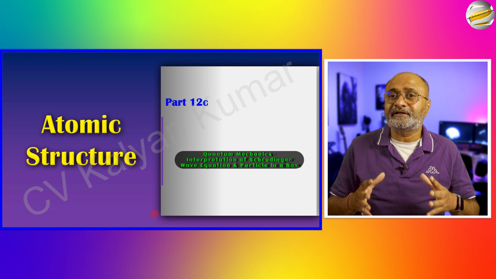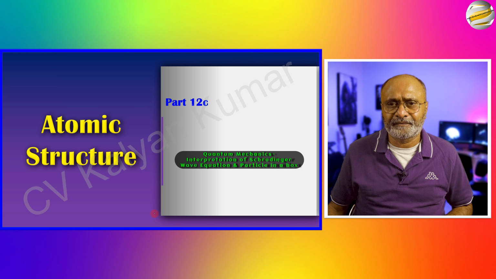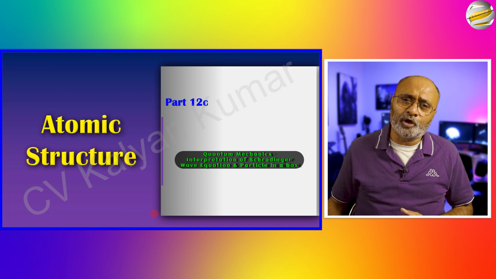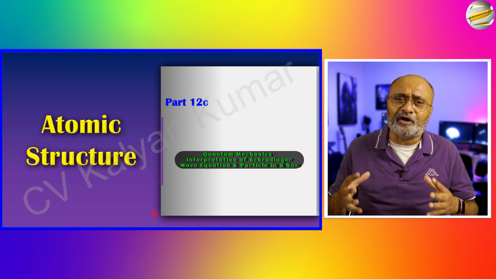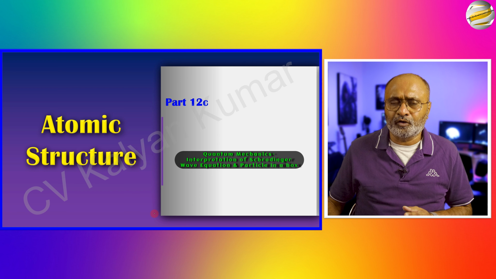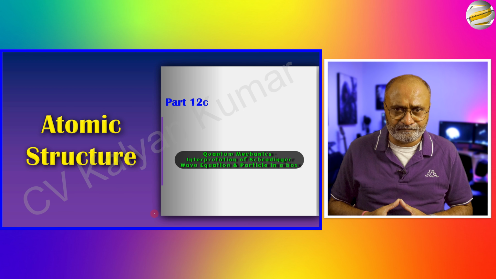It contains all the measurable information of an electron in an atom, all that you can measure. It helps calculate the energy of an electron and also predicts the probability of finding the electron in a given space. So instead of locating the electron, we talk about probability of finding the electron.